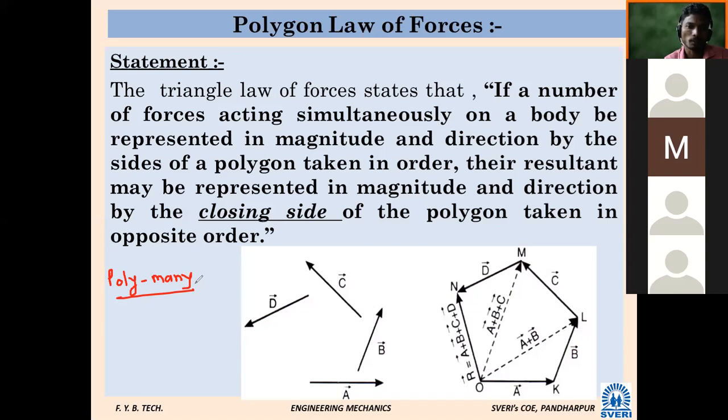So the closing side of the polygon, from the starting first point O to N, the last point, is taken in reverse direction. Again, this word comes into the picture: taken in opposite order or reverse direction, R. So this is the statement for this, and this diagram also you can draw.